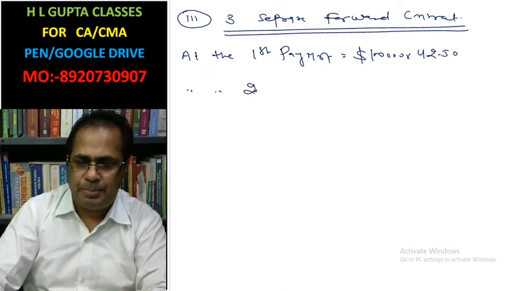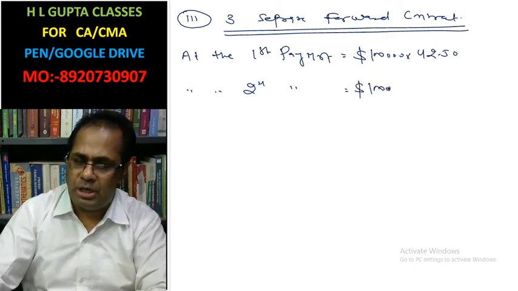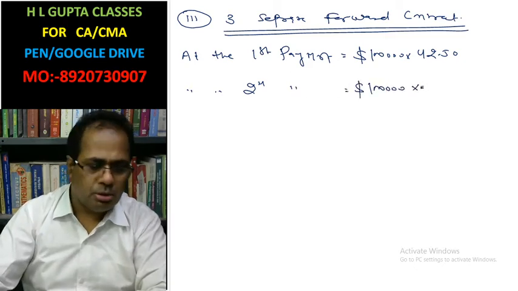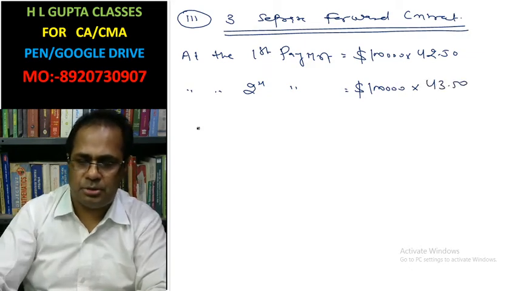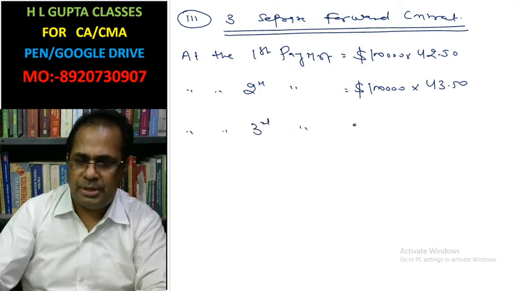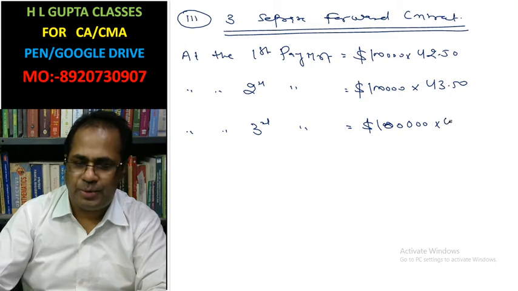At the second payment, again 6 month forward rate, dollar 1 lakh is purchased at 43.50. At the end of the third payment, dollar 1 lakh is purchased at 44.60.